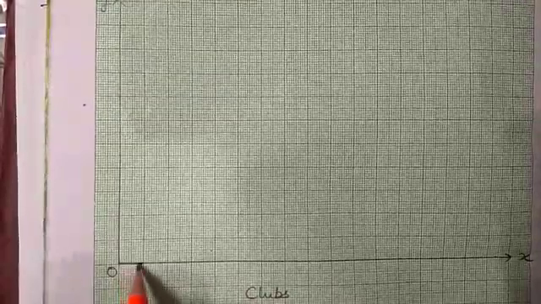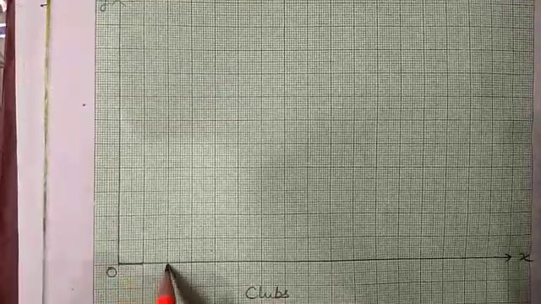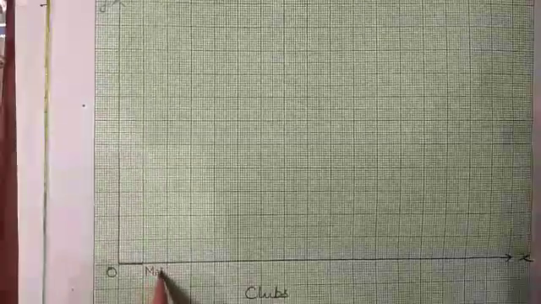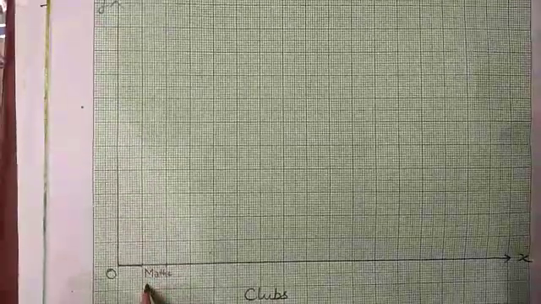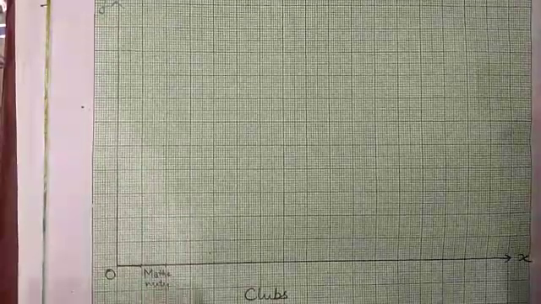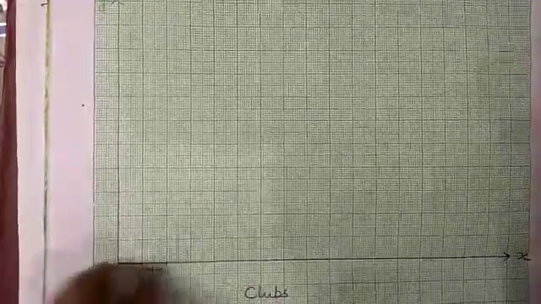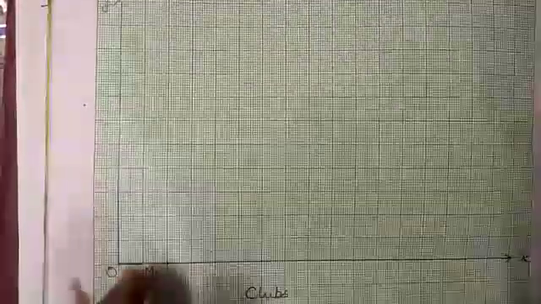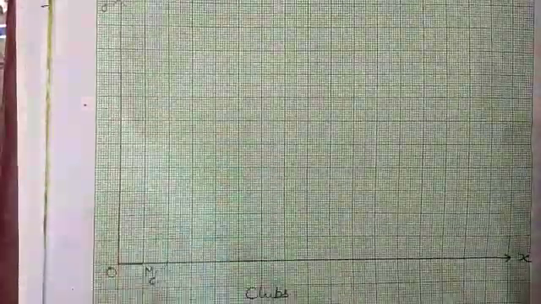How will we do it? We will leave this first block and in this block we will write mathematics club. As the space is less here, we can write M.C. here instead. When I draw the bar, I will write its complete name.